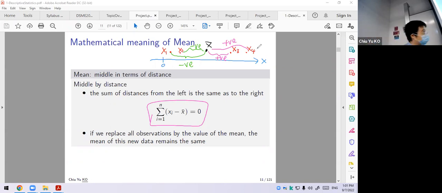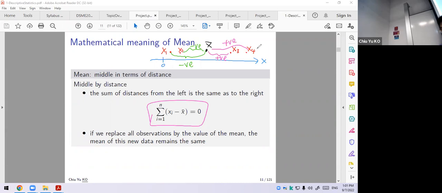So it means that when you have x5, suppose the data x5 is way at the end, maybe somewhere here, then what happens? Your x bar will be way even bigger than x4.